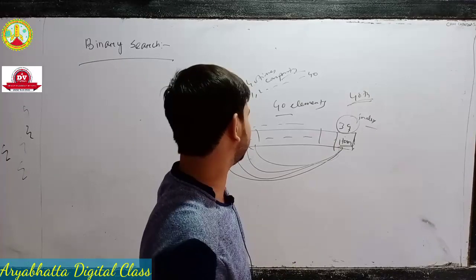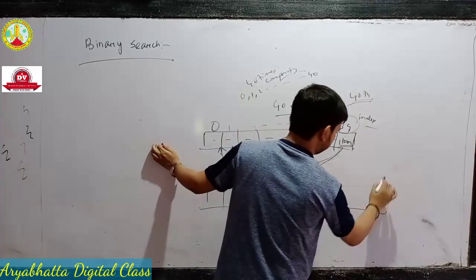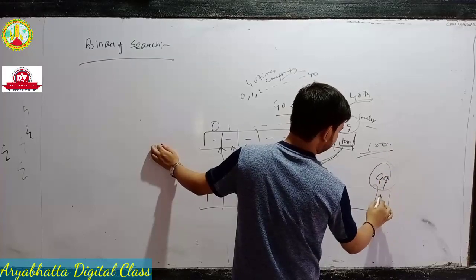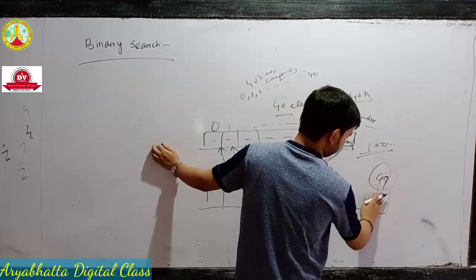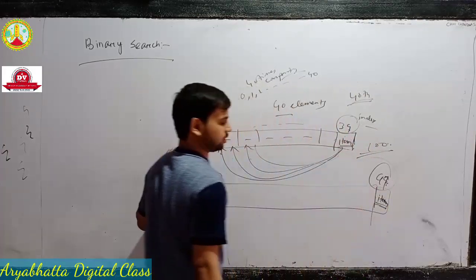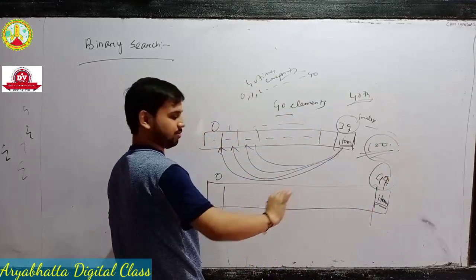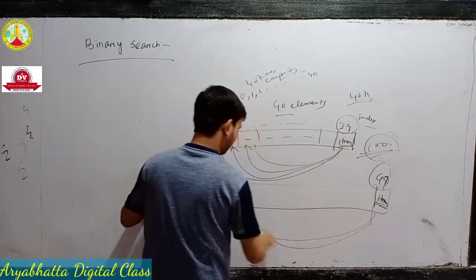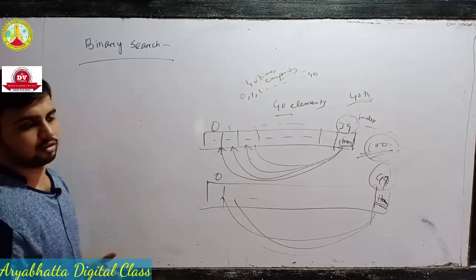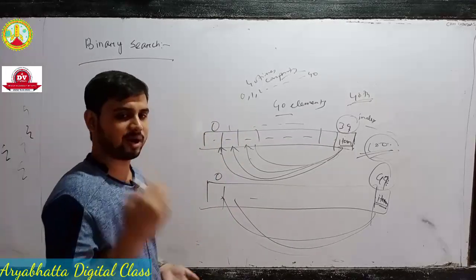As an example, suppose an array is 0 to 99, meaning 100 elements, and your search item is at position 99, index 99. You compare 0, 1, 2, 3, like that 100 times. Imagine how much time it takes. This problem will be overcome by binary search. That's why we need binary search.